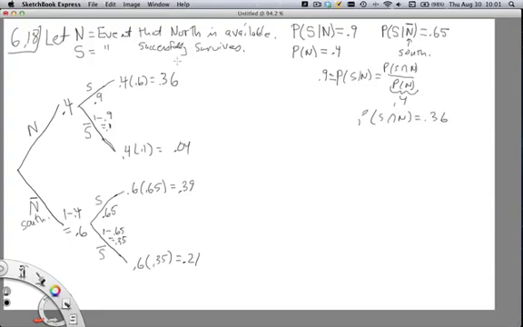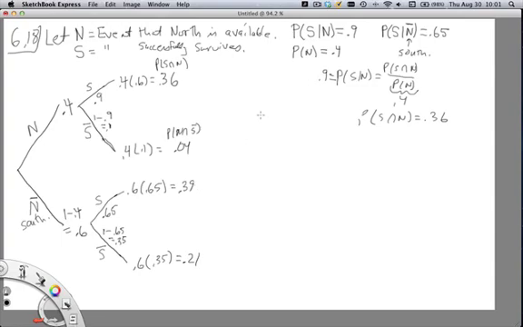So that's exactly what we've done here. So that's just a joint probability. Think of this as the probability of S and N. This is the probability of N and not S, and so forth. All right, we've now completed our tree.